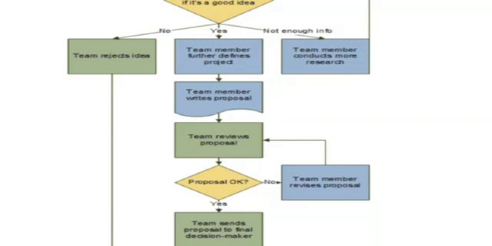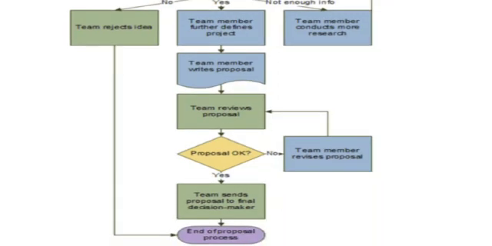So here, if he is okay with that idea, then they will write the proposal. The team member writes the proposal, and if the proposal is okay, like what they have as ideas, if it is yes, then they will finalize it and send it to the final decision maker, who takes the final decision. He sends the proposal to the final decision maker.